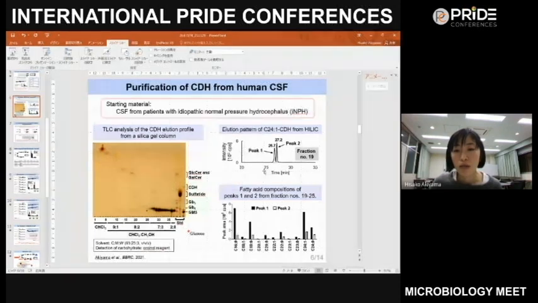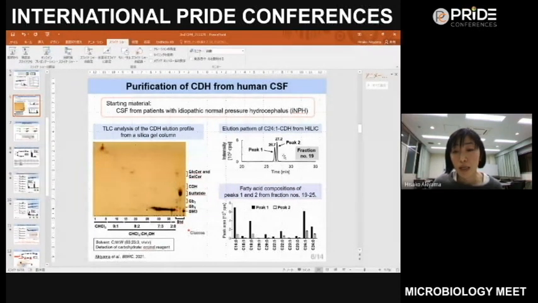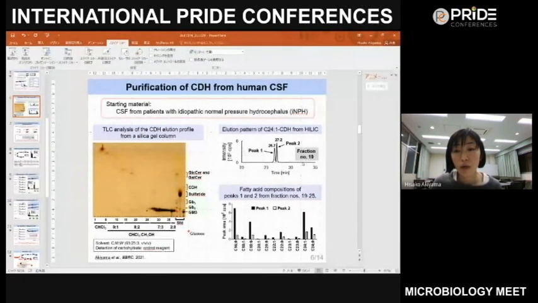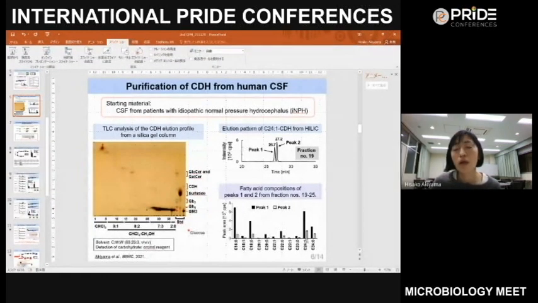HILIC-MS/MS detected two peaks in the purified fraction number 19. This graph shows the fatty acid composition of peak 1 and peak 2 from fraction numbers 19 to 25. Although the peak area of peak 1 was greater than peak 2, their fatty acid compositions were similar.